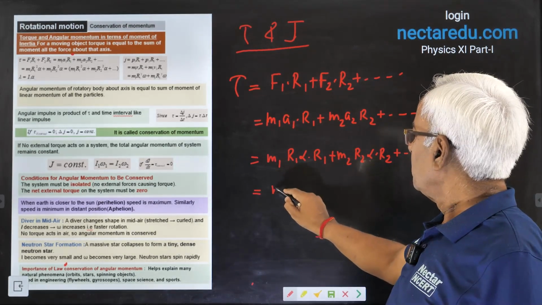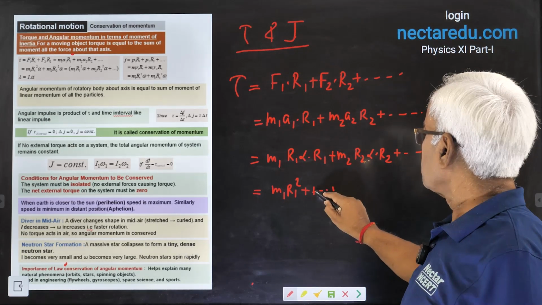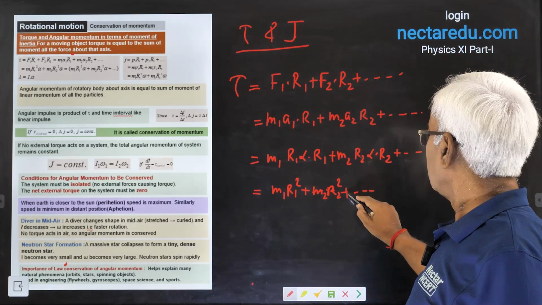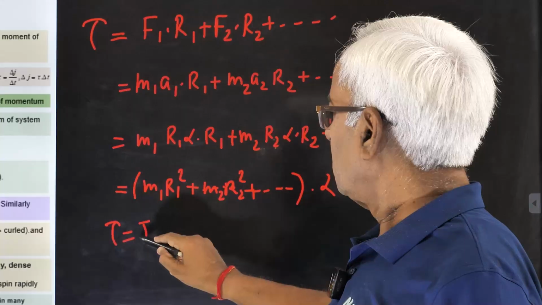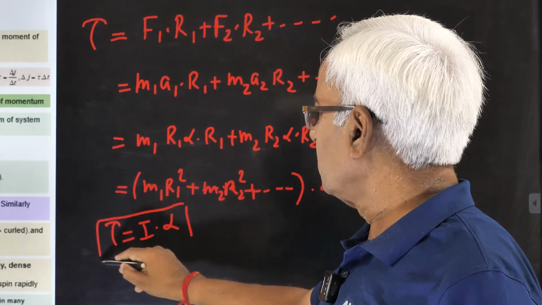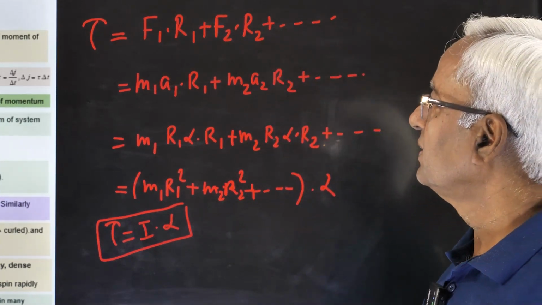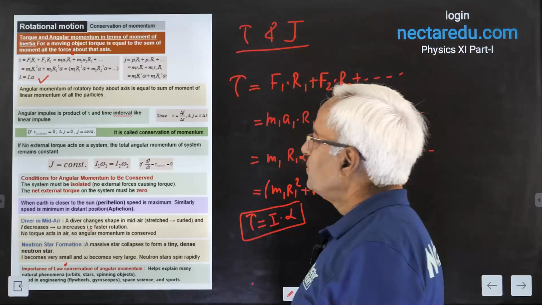This becomes M1 R1 square plus M2 R2 square and so on, into alpha, that's I alpha. You got the relation for torque in terms of moment of inertia, that's directly given here as I alpha.